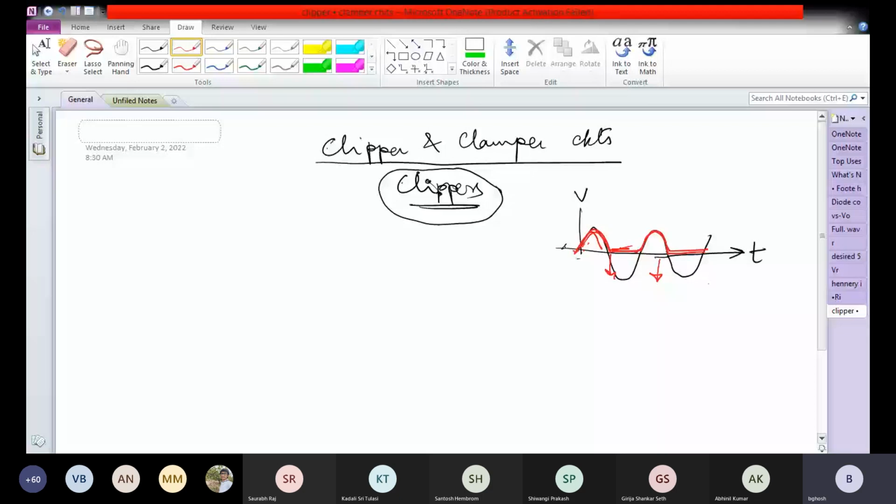So this can be used to limit the voltage to an electronic circuit. That is, let us say I do not want a particular circuit to experience a voltage which is above a rated voltage or below a rated voltage. Under those circumstances, I can use a clipper to limit the voltage range at the output.